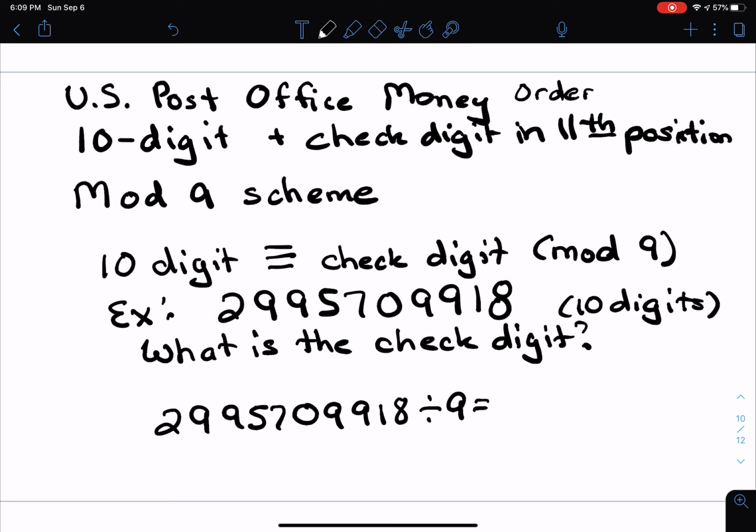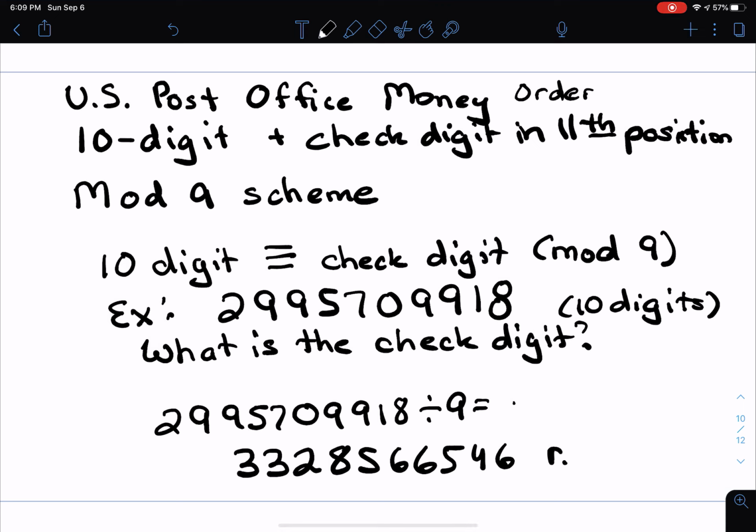Okay, let's see here. 9 times 3 is 27. 2, bring down the 9. 9 times 3 is 27. 2, bring down the 5. 9 times 2 is 18. 7, bring down the 7. 9 times 8 is 72. 5, bring down the 0. 9 times 5 is 45. 5, bring down the 9. 9 times 6 is 54. 5, bring down the 9. 9 times 6 is 54 again. 5, bring down the 1. 9 times 5 is 45. 4, bring down the 1. 9 times 4 is 36. 5, bring down the 8. 9 times 6 is 54.